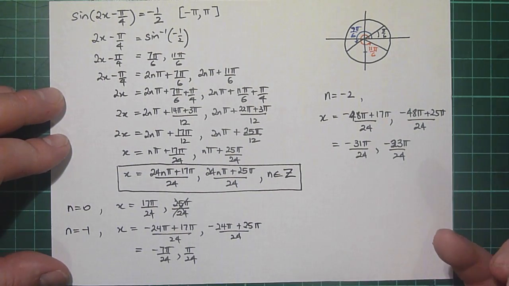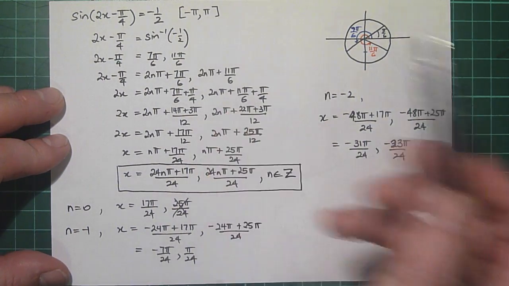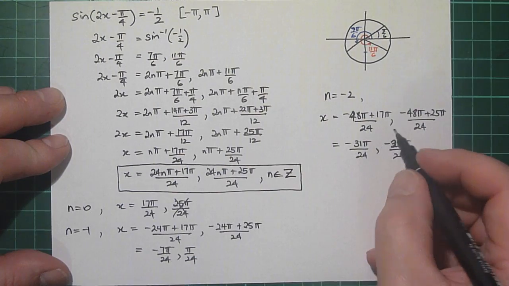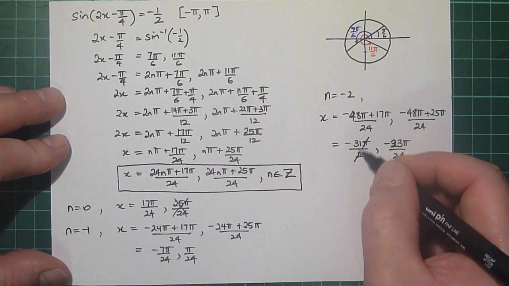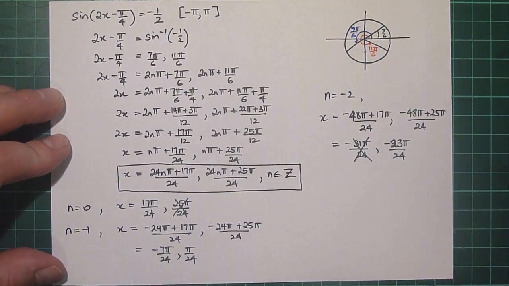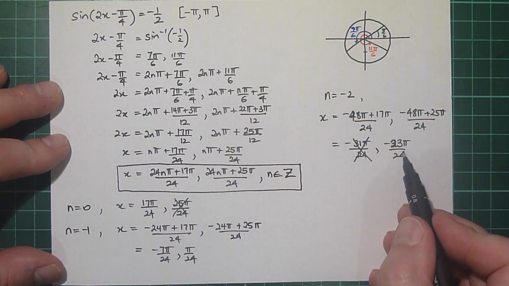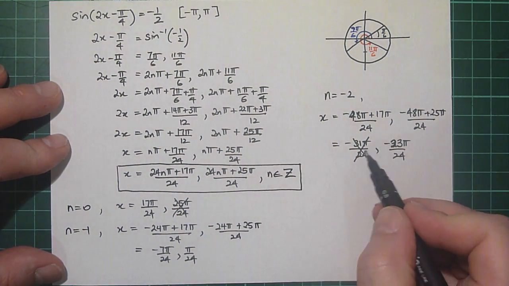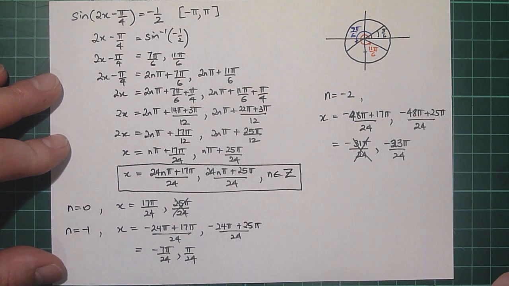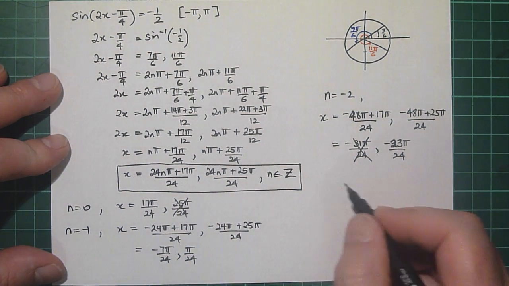Now remember, our restricted domain is minus π to π. Clearly minus 31π on 24 is too big, but minus 23π on 24 is within that domain. So if we look at the solutions that are in the domain, and we don't need to go any further because once we've got that solution, we know there's not going to be any more.